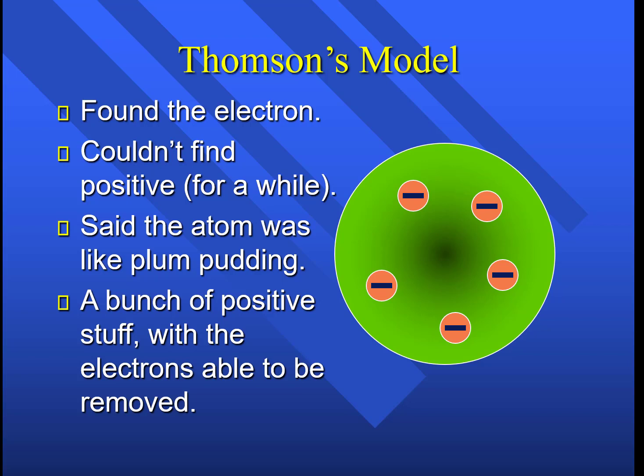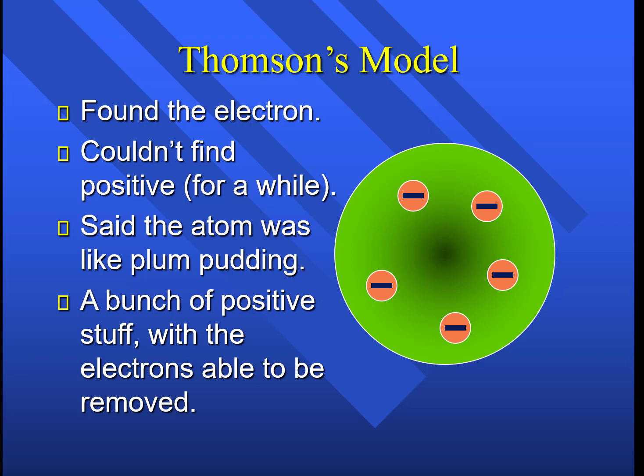So he said, okay, we've got this bunch of positive stuff, and there's negative pieces that can fly out of it. And that explained everything he saw in the cathode ray tube.